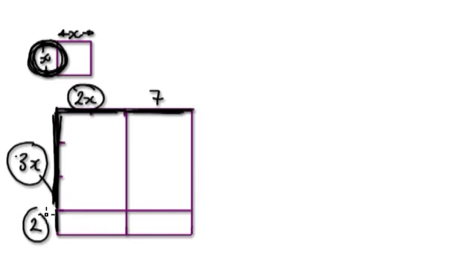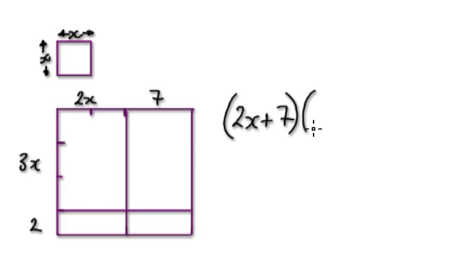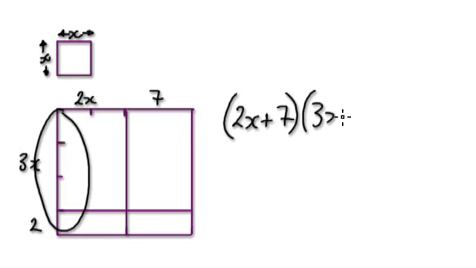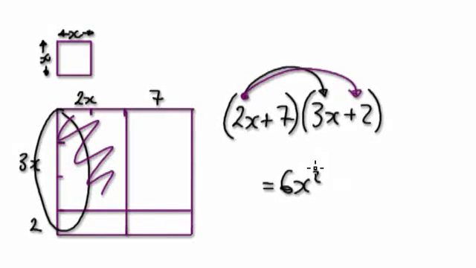So what I'm trying to say is that if you get this length here, it would be 2x plus 7. Work that out first, and then times the whole length here, which is 3x plus 2. Well, again, work out this area here, which is this times this. So 2x times 3x would be 6x squared, and then this times this.